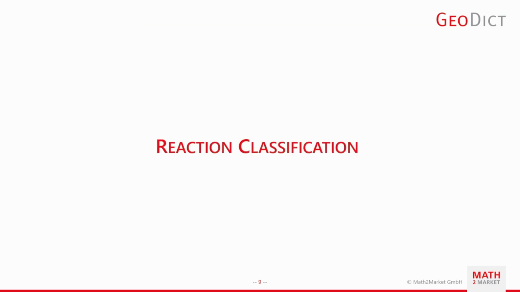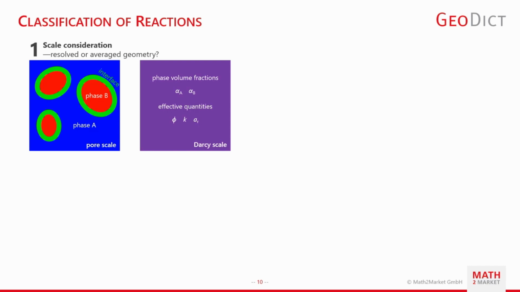Okay, let's speak now a little bit about modeling of reactions. To give you a big overview, I tried to classify reactions out of the view of a mathematical modeling person. So you can categorize reactions in many different ways, and I picked out some of them. First, scale consideration.